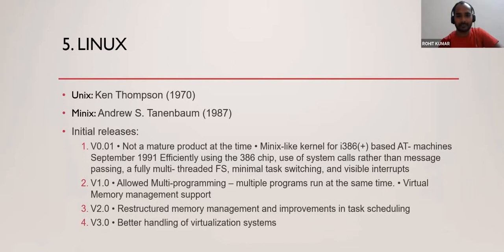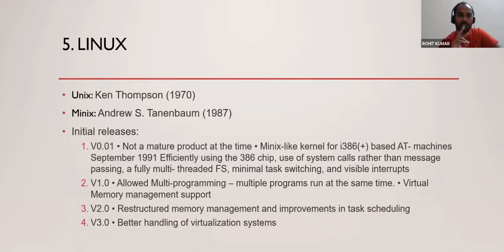It was a Minix-like kernel for i386 based machines. In September 1991, the efficient use of the 386 chip was there in the form of version 0.01. It had the use of system calls, message passing, and finally minimal task switching, meaning minimal headache for the OS.